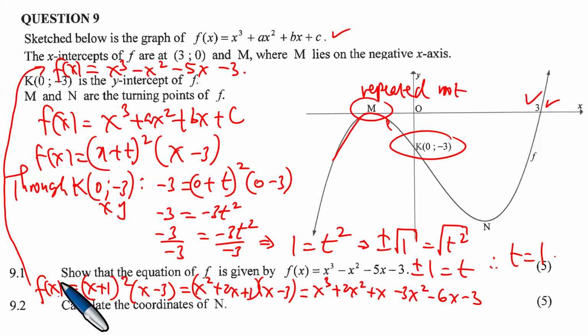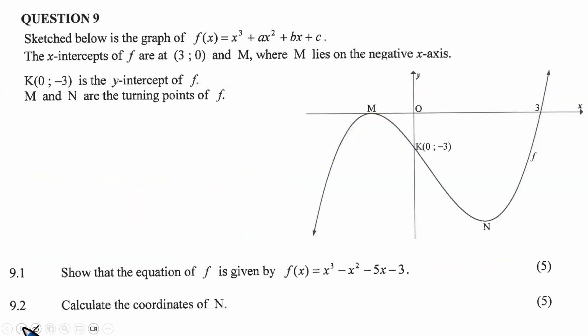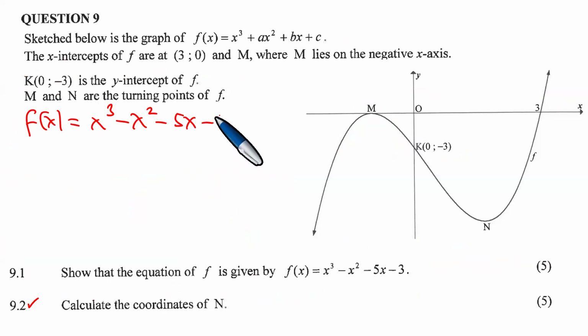Calculate the coordinates of n, so you can easily find the coordinates of n. The next question is as follows. If you have f of x equals x cubed minus x squared minus 5x minus 3, you need to find the derivative of this to find the coordinates of n, because n is a turning point.